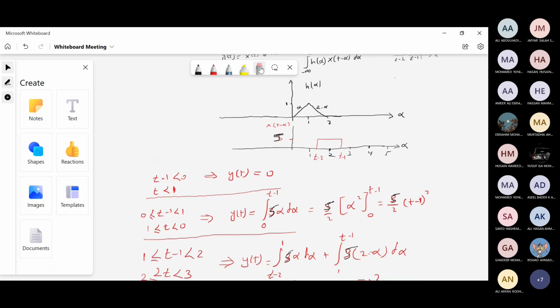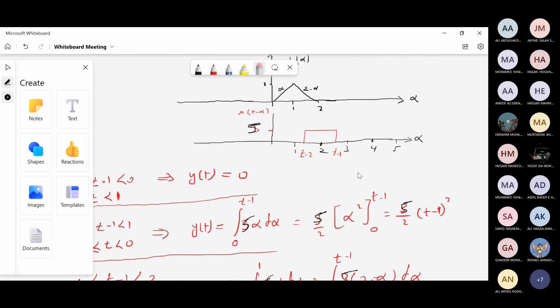Okay, then if you move it again to the right, t minus 1 has become somewhere here. Okay, then t minus 2 will be here. T minus 2, this is t minus 1. So if you notice here, it is equal to 0, so 0 multiplied by this.